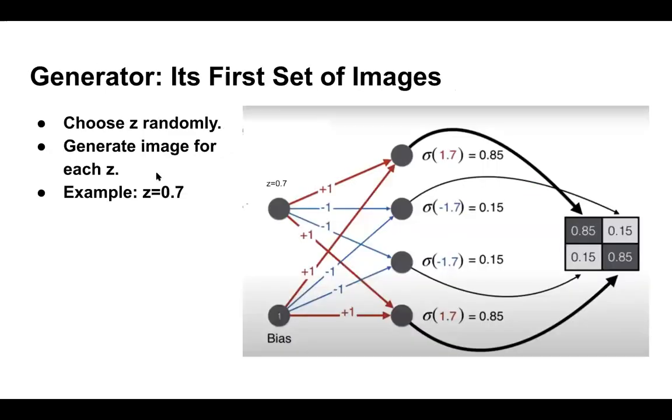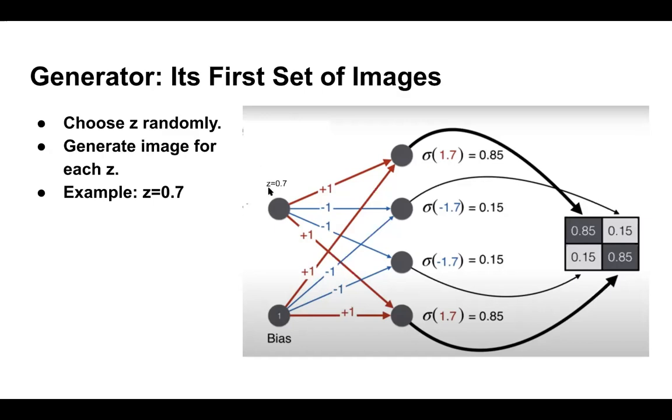Now, how would the generator react? First of all, it wants to produce its first set of images. This generator will produce not just one image, but a set of many images.